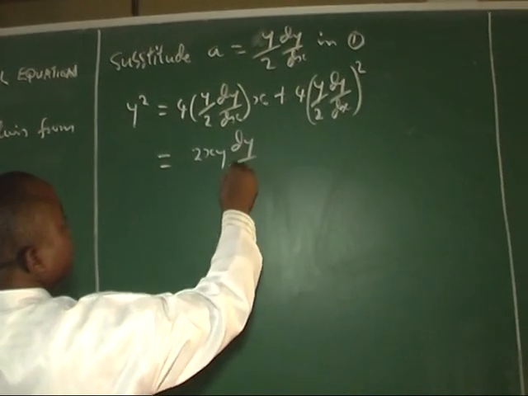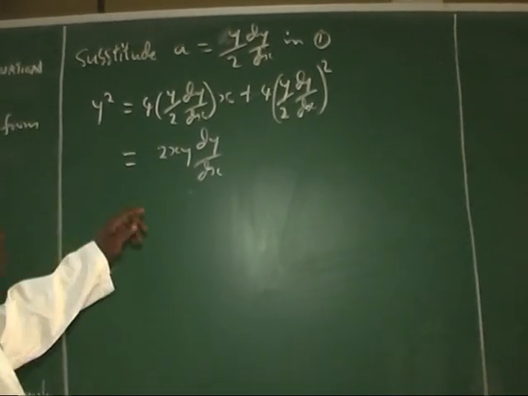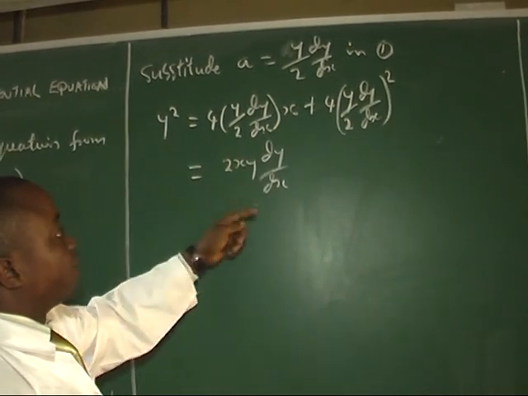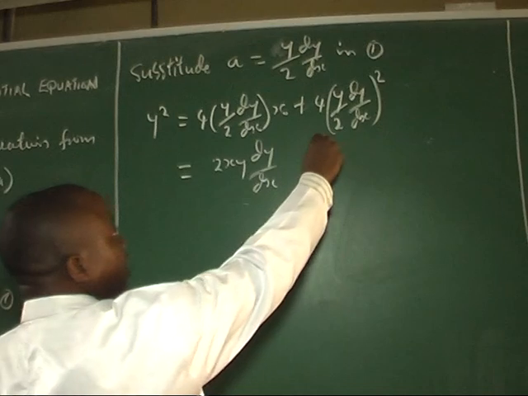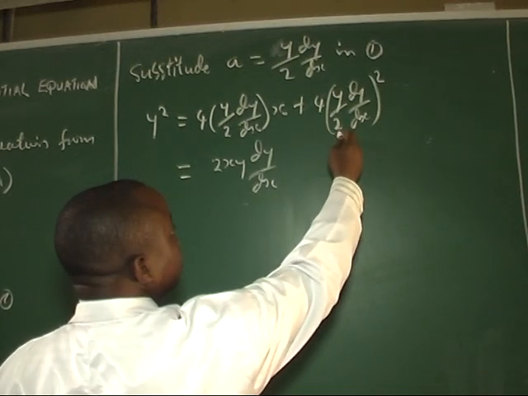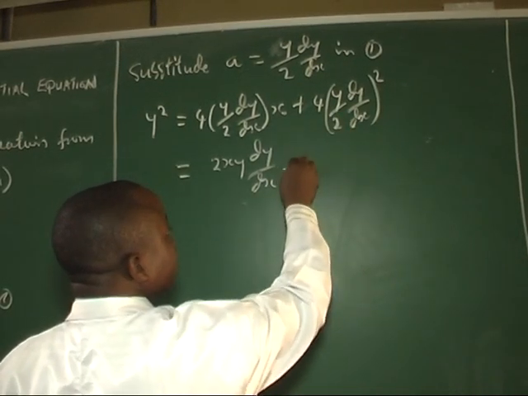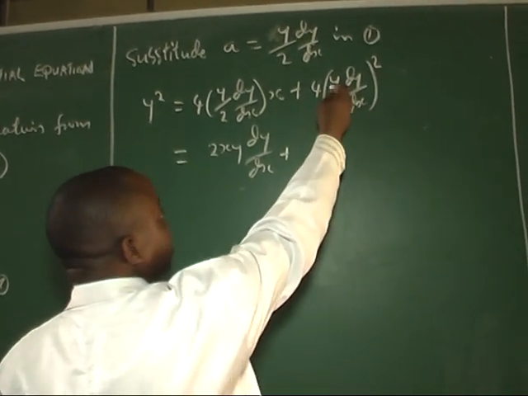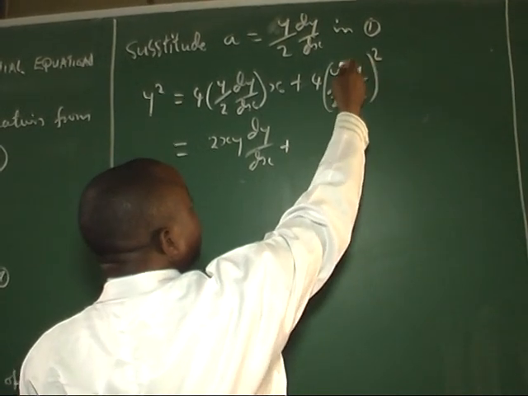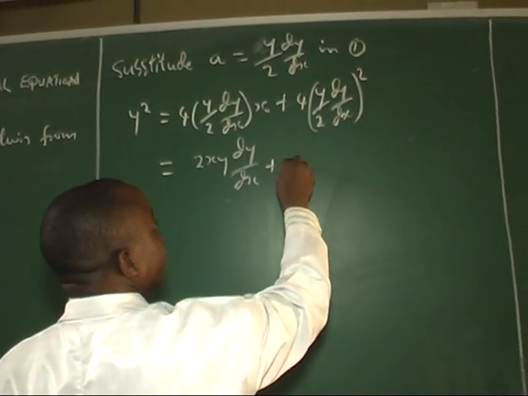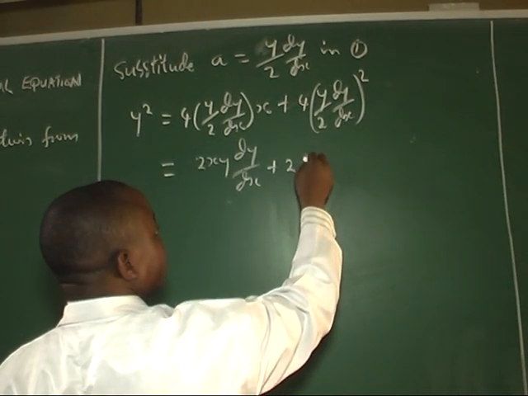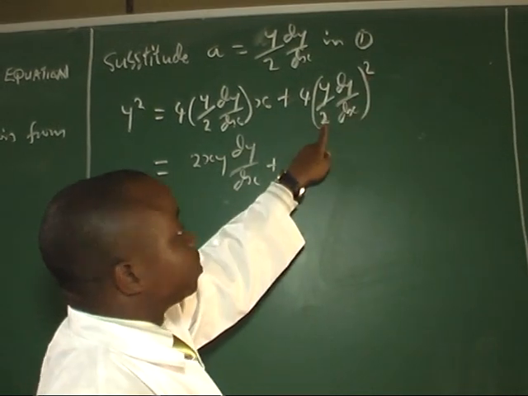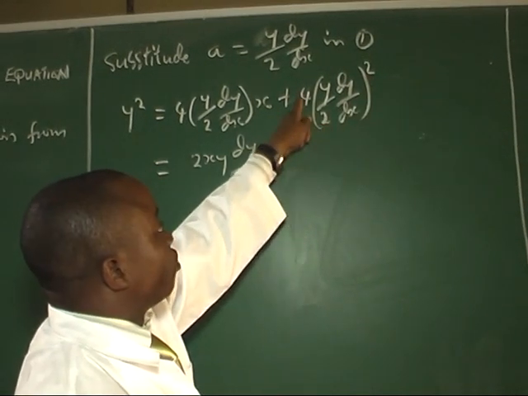Now, what this gives us is 2xy divided by dx, that is because this can cancel this. And if we use x times, we have 2xy. And this can also cancel this. But you must know that here we raise this to this, and this will also have the power. So we have 2. Of course, we won't have 2 again because this square will also times 2 here. So 4 cancels 4.